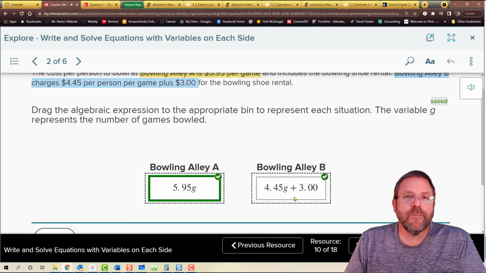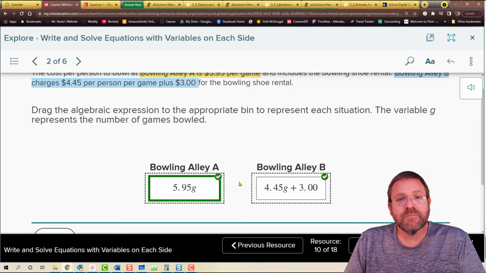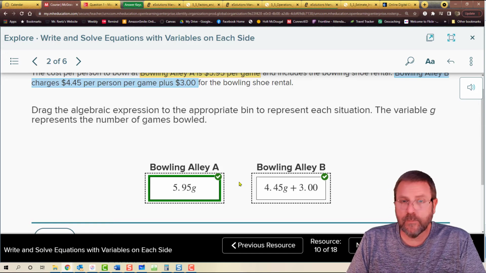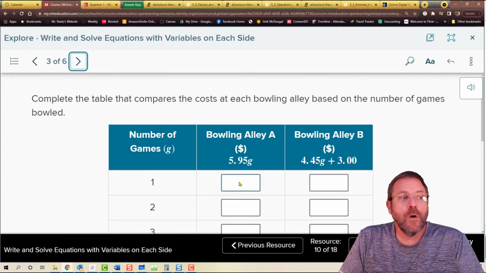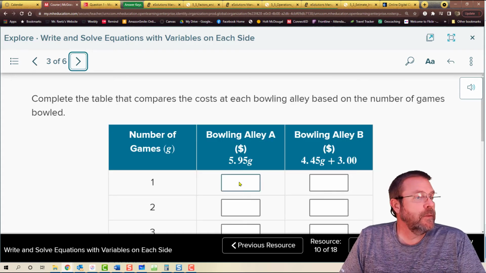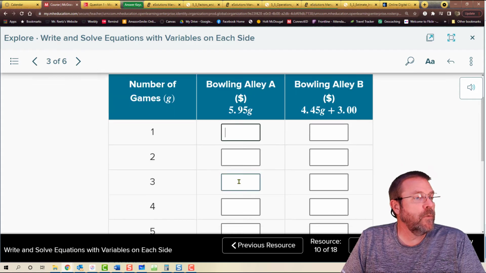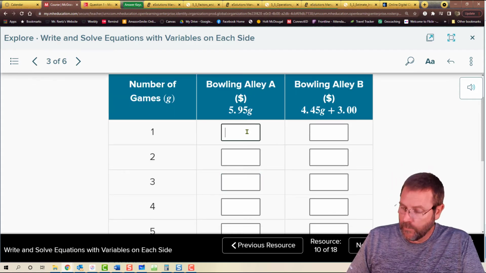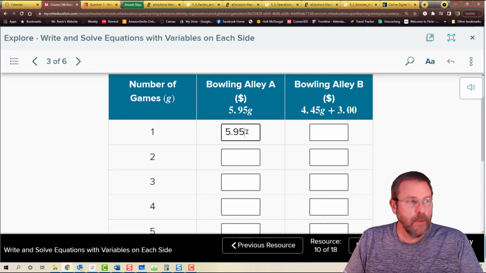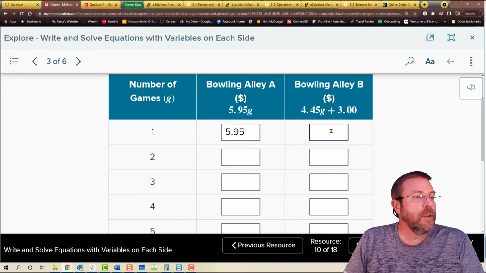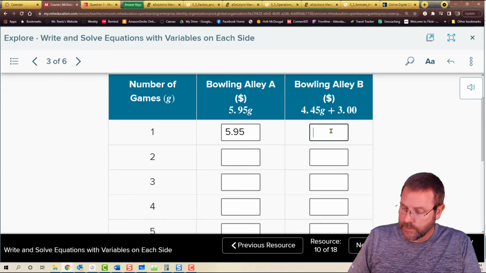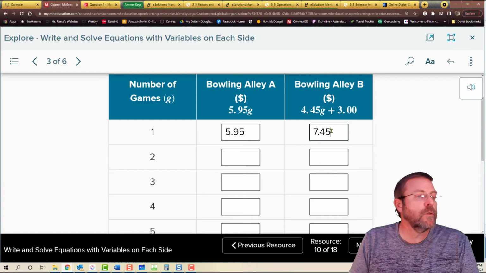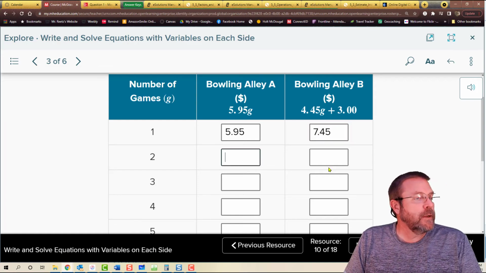Now, if we wanted to find out when you would break even going to the two bowling alleys, then we'd have to just set equal signs to those and then work on isolating the variable. Or you could go all painstakingly and create a table where you'd have 5.95 times 1 is 5.95. Meanwhile, if we did one game here, it would be 4.45 plus 3, which would be $7.45. If we did that times 2, that would become $11.